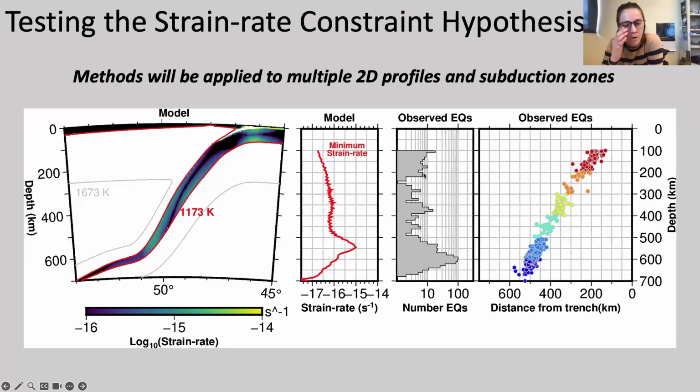Yeah, so I have some ideas. What I'm plotting here is the minimum strain rate within that narrow band for just one of the temperature contours. But also temperature and stress are important, as I mentioned, for where the deep earthquakes are occurring.